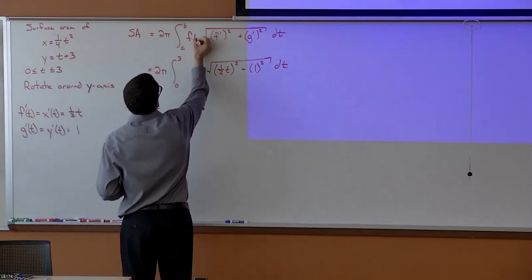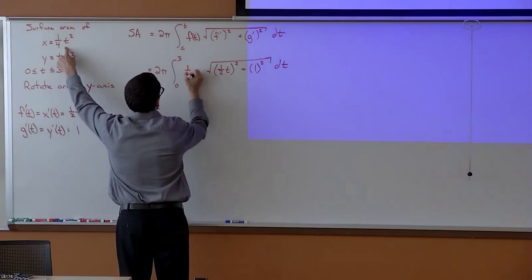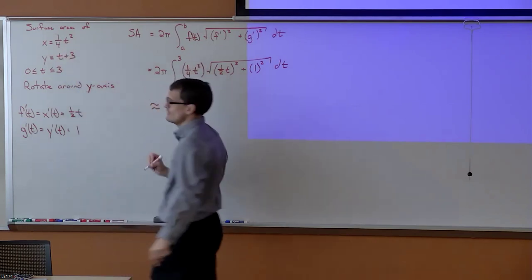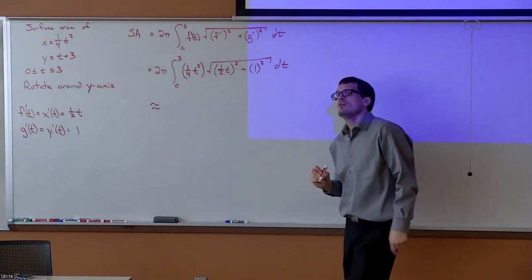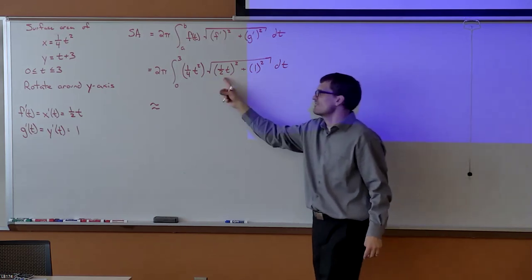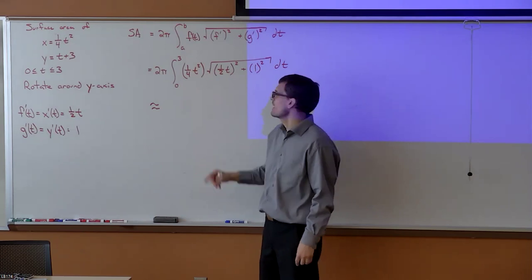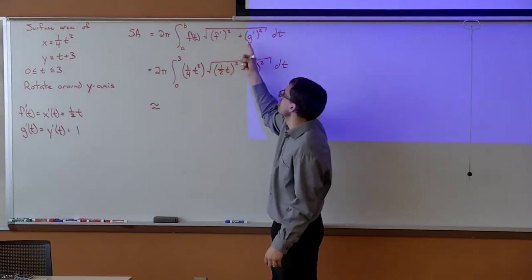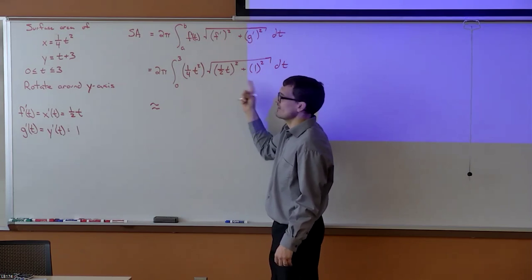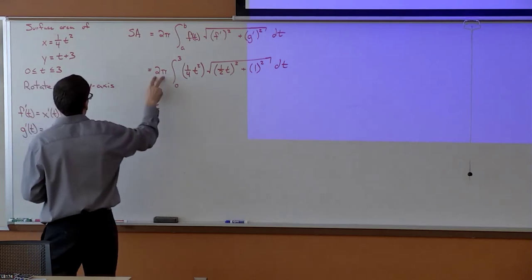F of t is my function that's giving me my x value. So the only thing I need to change is that function out front. All this other stuff stays the same. I'm still integrating with respect to t from 0 to 3. I'm still having f prime and g prime being squared and added together underneath the square root. I still have a 2 pi out front.